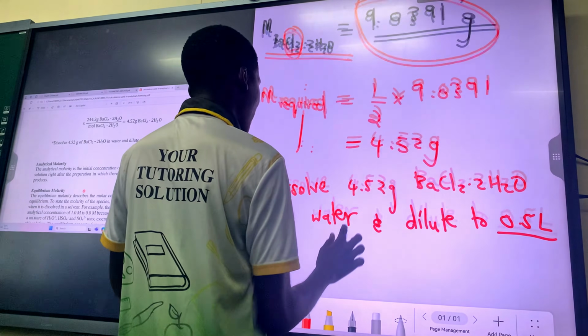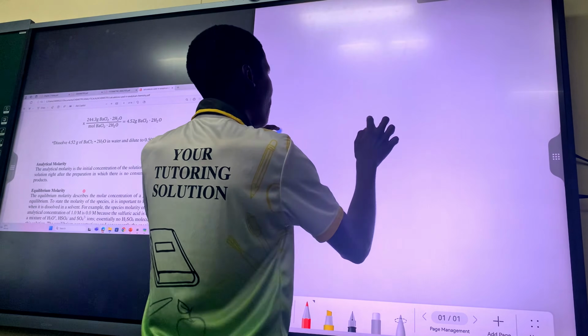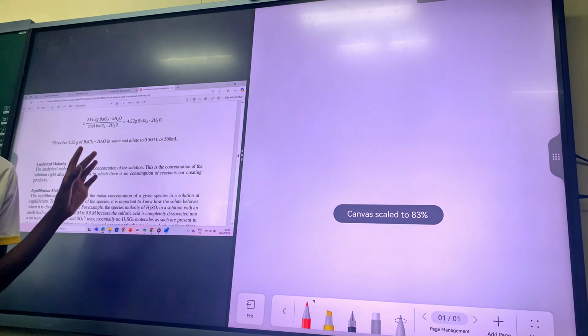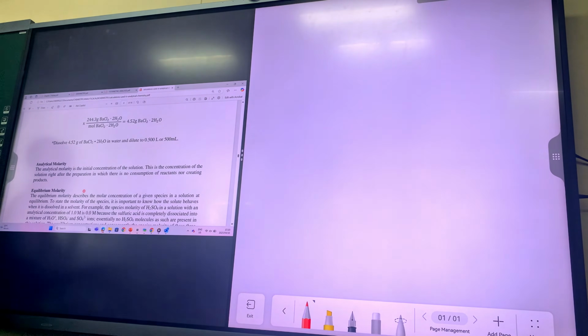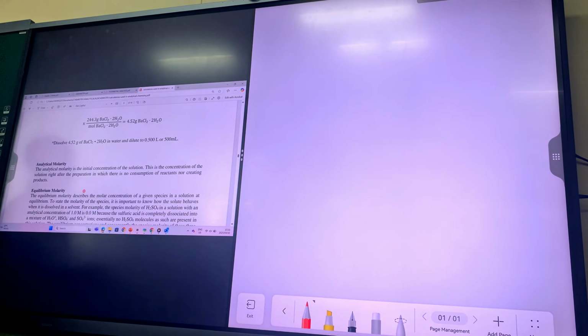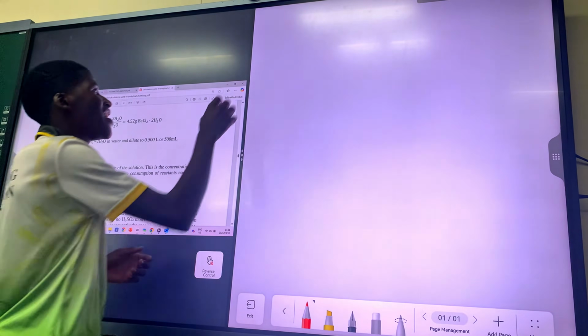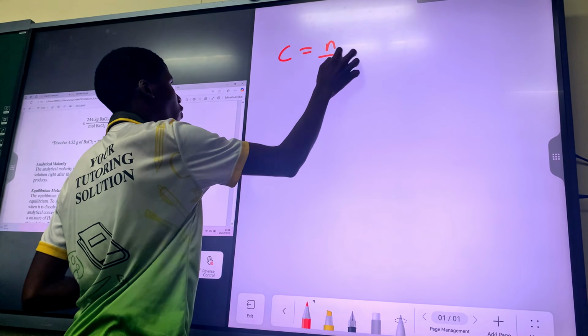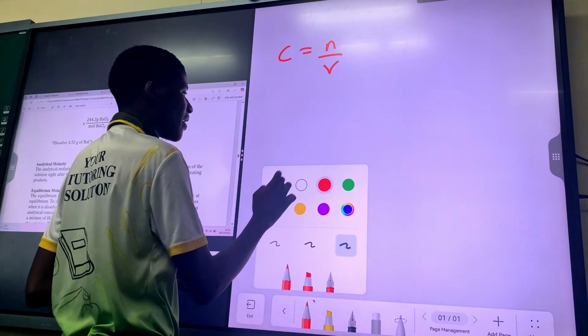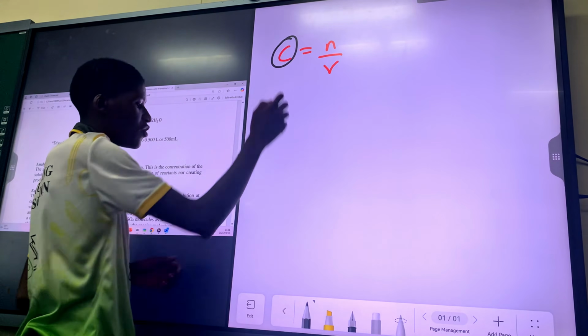So when we are talking about solutions, if you have a solute and you put it in a solvent, we can have an analytical molarity, which is just the normal concentration, the one that we are used to, where we say C equals n over V. In analytical molarity, you use the symbol C to represent it.